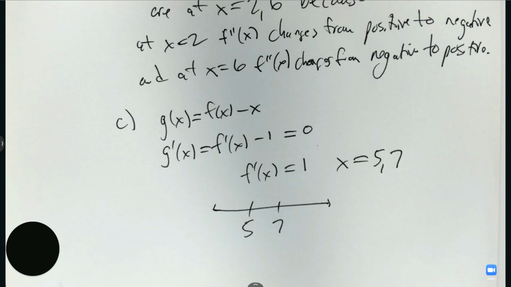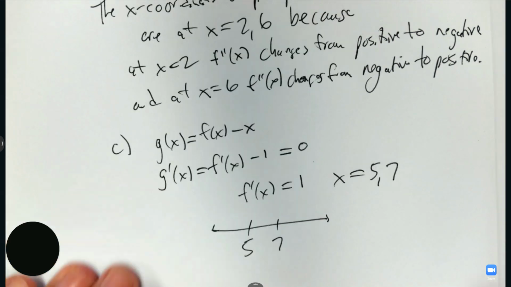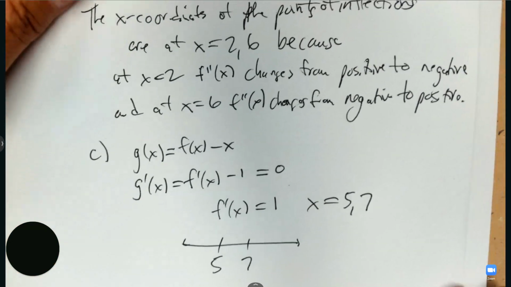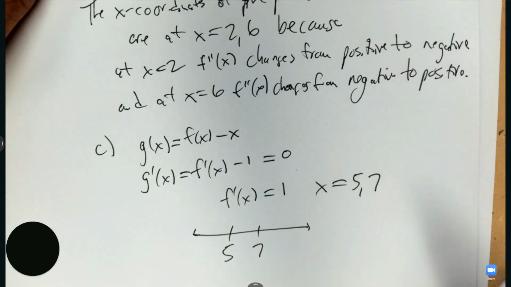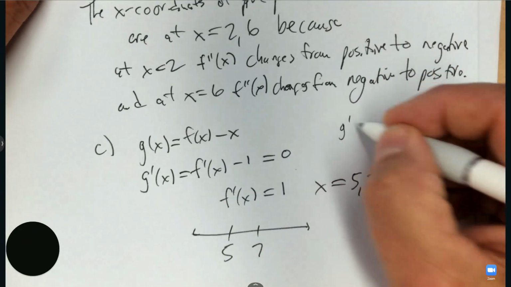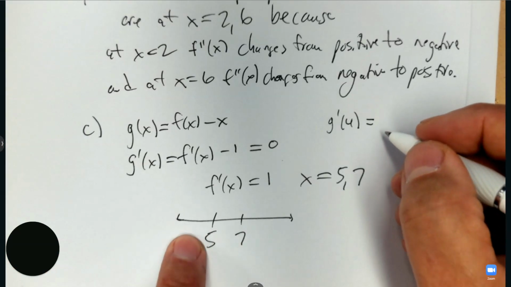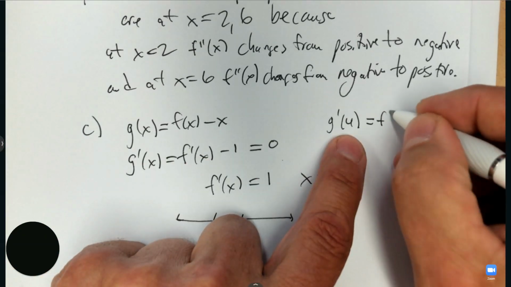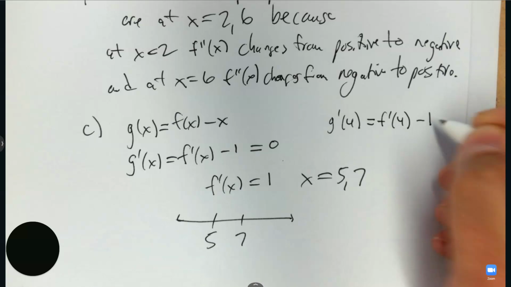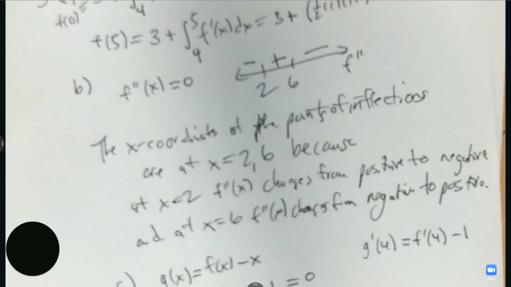So how can I tell if it's before 5 or after 5, if it's positive or negative? If I plugged in any number before 5, so like 4, I go, okay, what's the derivative at 4 minus 1? So look at the graph.